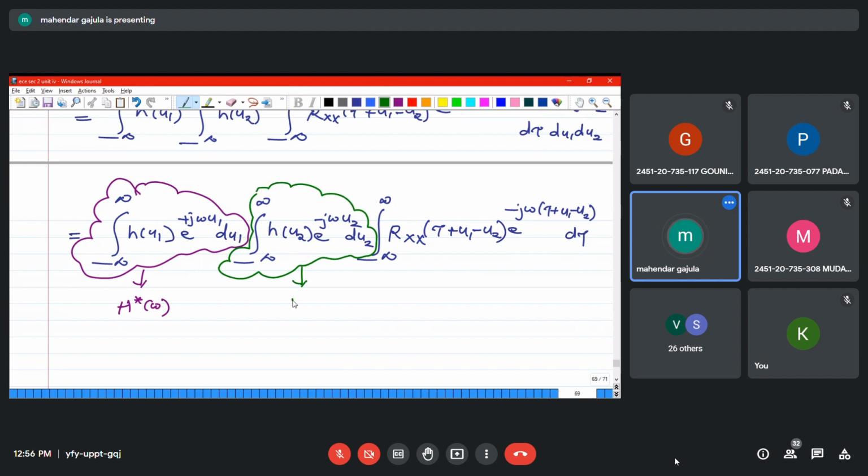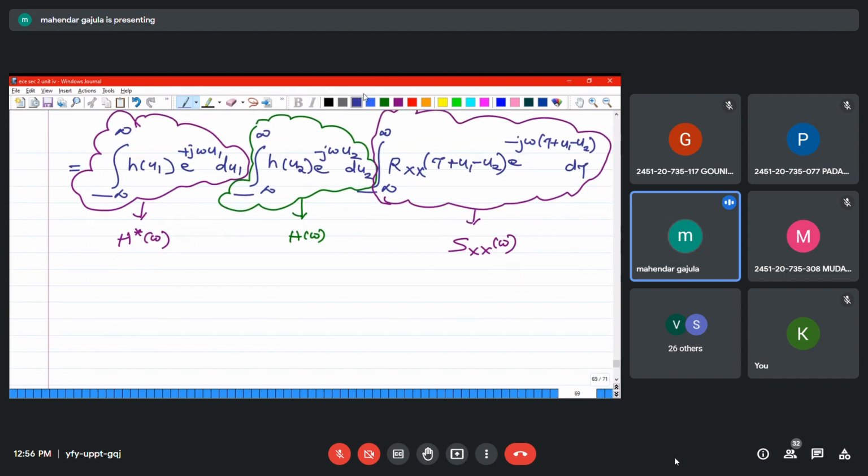This is H(ω), the Fourier transform of h(u2), and this one is the integration of the Fourier transform of the correlation function, which gives you the power spectral density S_xx(ω). So finally S_yy(ω) equals H star(ω) H(ω) S_xx(ω).